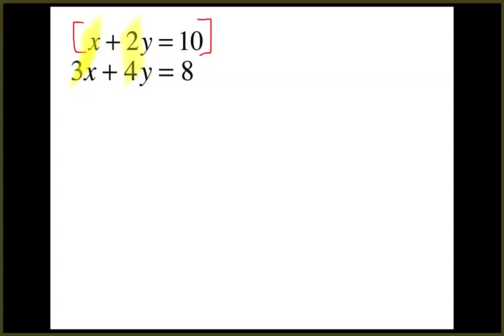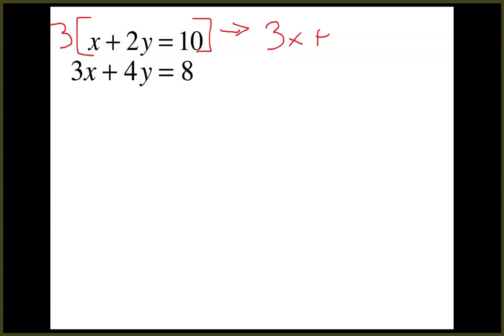Or instead of a 2y and a 4y, we want a 4y and a 4y. So what we're going to do is either try to make these x's match or make these y's match. So I'm going to multiply this whole top equation by 3, and watch what I get.